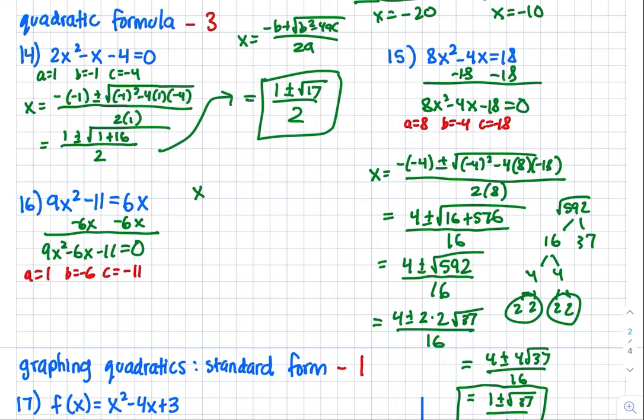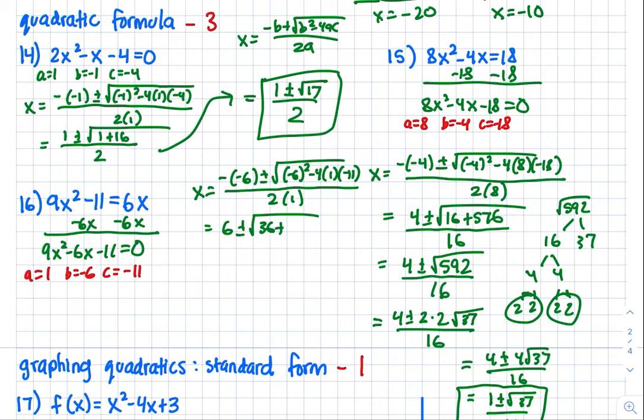So x is going to equal negative 6 plus or minus the square root of negative 6 to the second minus 4 times a times c, all over 2a. So we're going to get 6 plus or minus the square root of 36 plus 44, all over 2. 36 plus 44 is 80.